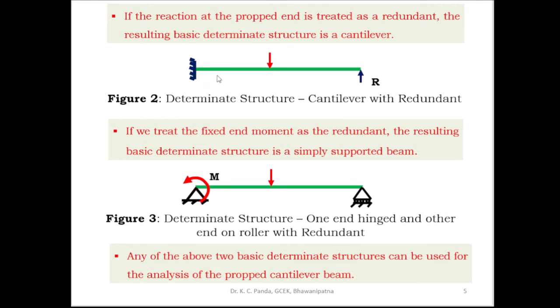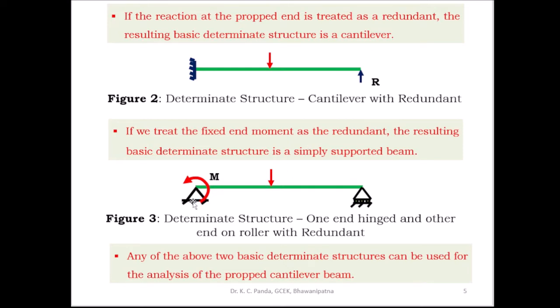In the first case, if the reaction at the propped end is treated as redundant, the resulting basic determinate structure is a cantilever. If we choose the reaction as a redundant, the basic structure becomes the cantilever, that is a determinate structure.